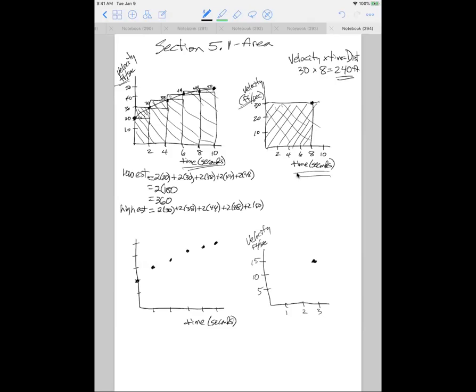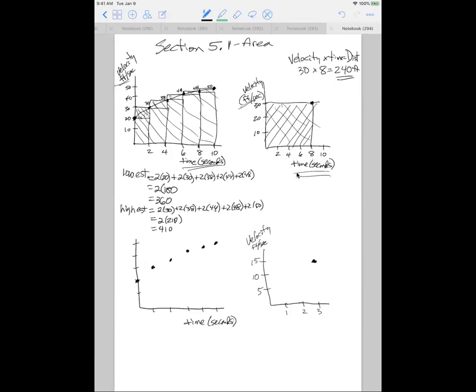All right? And what do we have? 30, 68, 112, 160, 210. Factor out a 2 times 210, and we've got 410 feet traveled. That is the high estimate. It's somewhere between 360 and 410 feet.